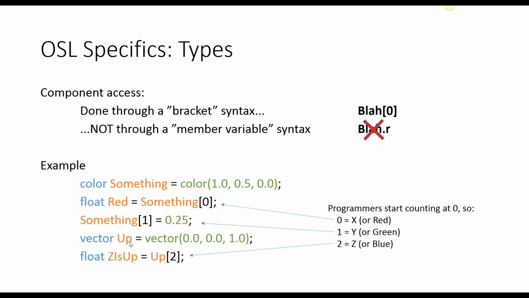Here we're creating a vector, we call it up, of the value 0, 0, 1, because everybody knows that Z is up. To underline that more, we create a float variable called Z is up that we set to the value of up bracket 2, which means the Z value. So this is how you actually access the individual components of these things.